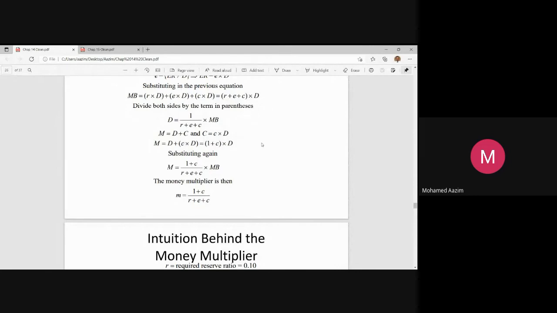So deposits plus currency holdings is money supply. So money supply is deposits plus, here we expand, the currency holdings, nothing but currency ratio times deposits.